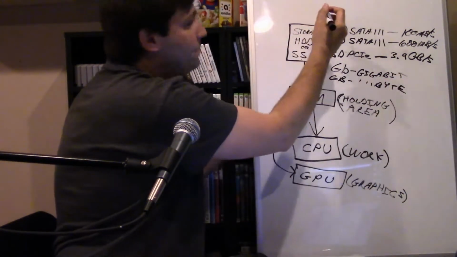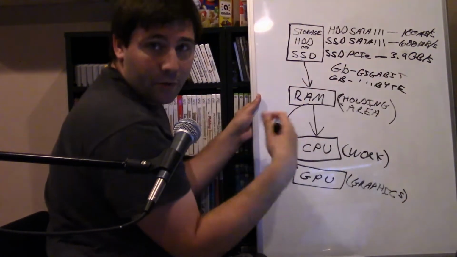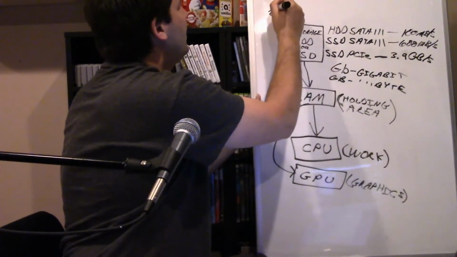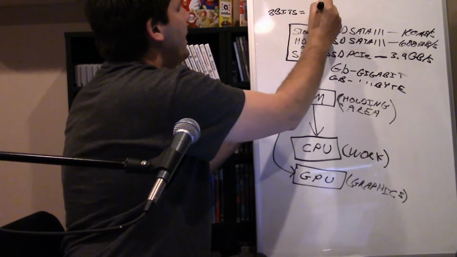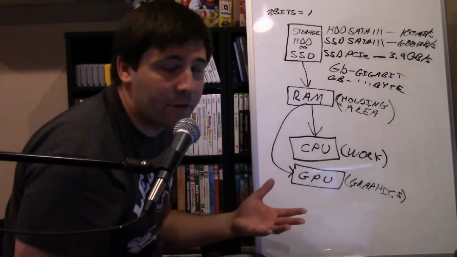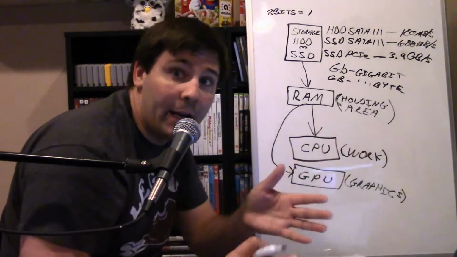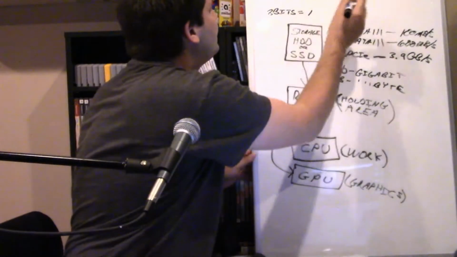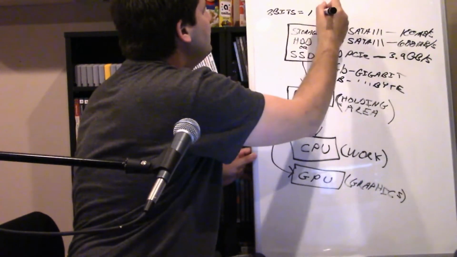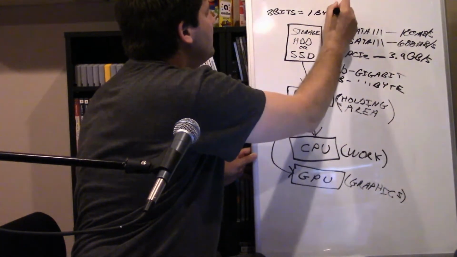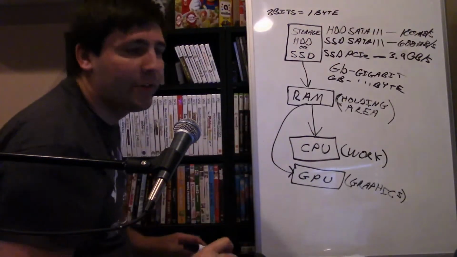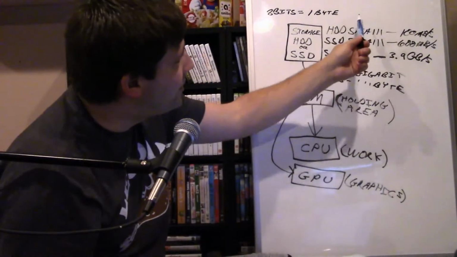And so what's the difference? Well, there's 8 bits in a byte. So to make that conversion, you just multiply by 8 or divide by 8, whichever way you're going. Okay, so there's the different speeds.